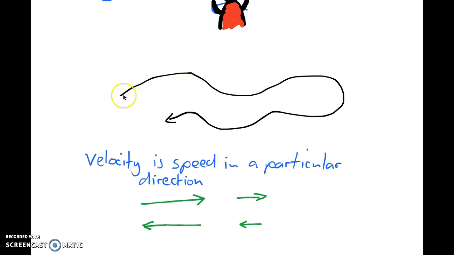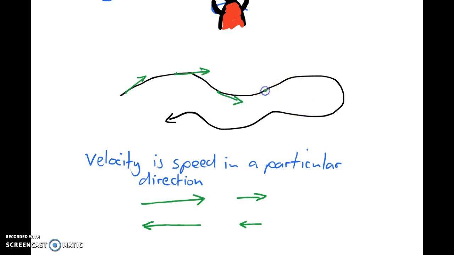Now you can see from our curvy journey in the previous one we were talking about, even though the speed stays the same all the way around, at any particular time the direction is changing. So at this point we have a direction, so the velocity is like that, and here the velocity is like that, and here the velocity is like that.